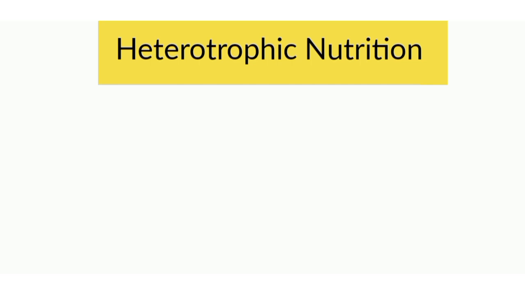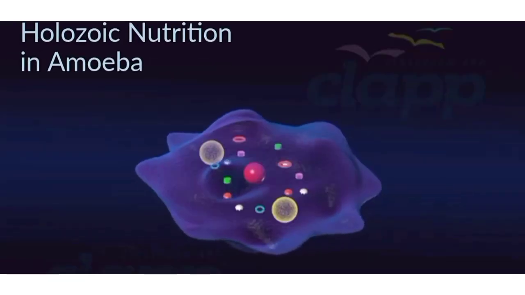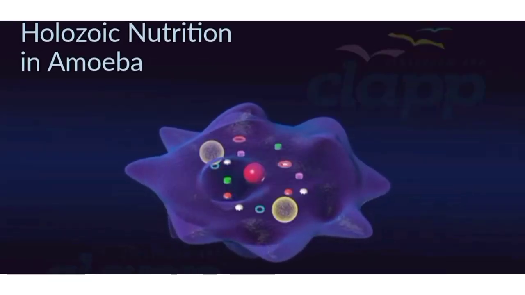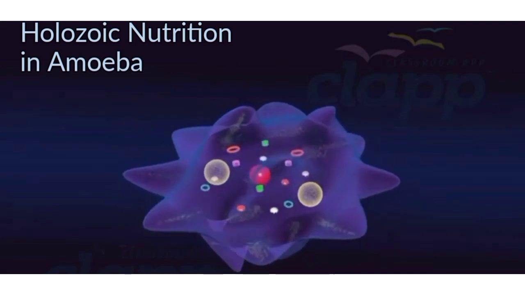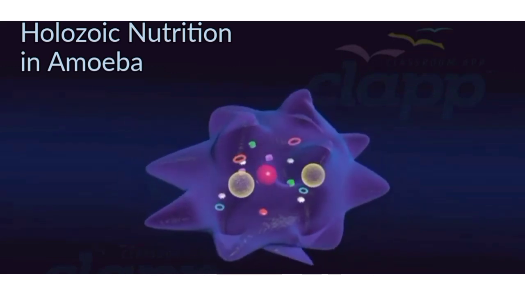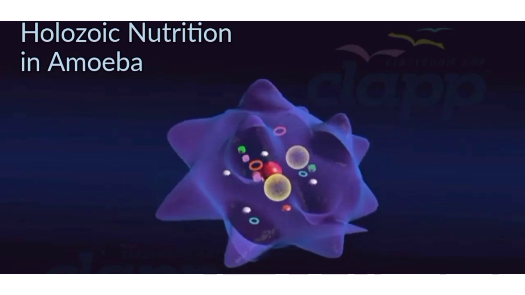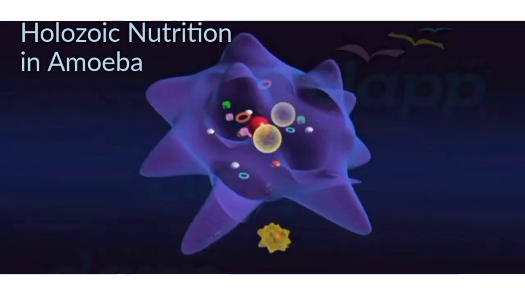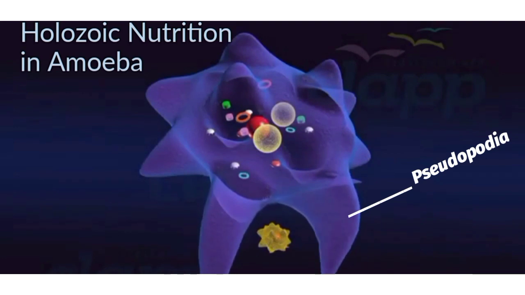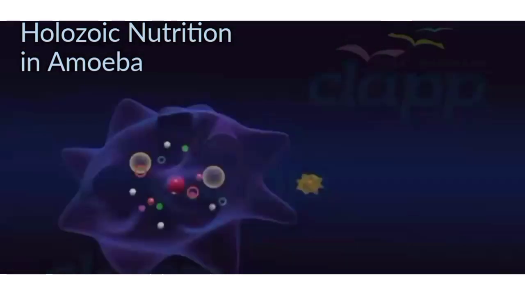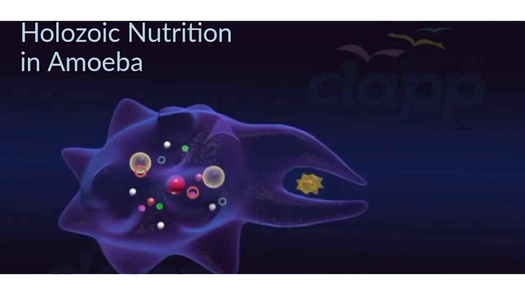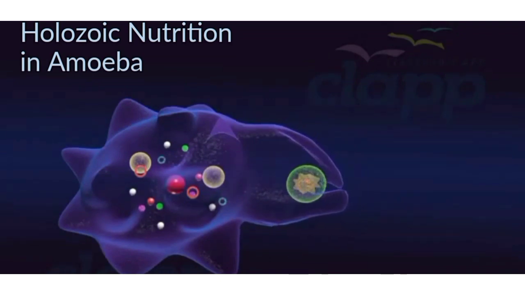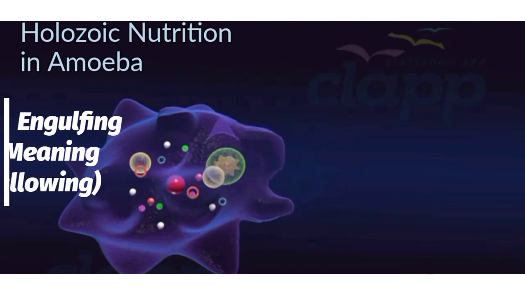Holozoic nutrition in a single-cell animal like amoeba. Amoeba is a single-cell animal that lives in fresh water. It has an irregular shape with finger-like projections called pseudopodia, which it uses for movement and also to capture food. Amoeba feeds by a process called engulfing.